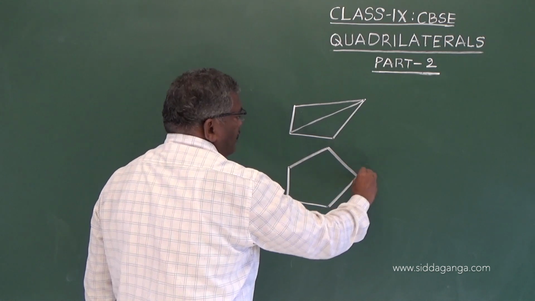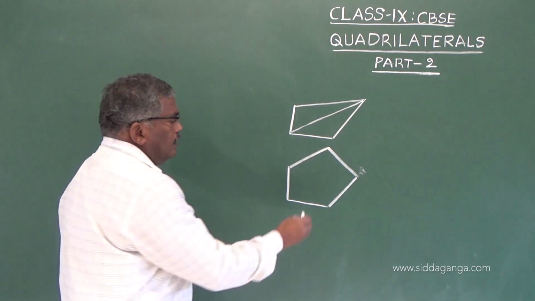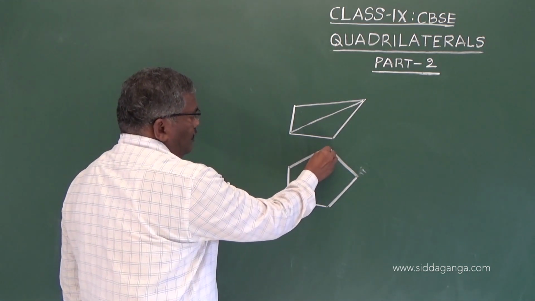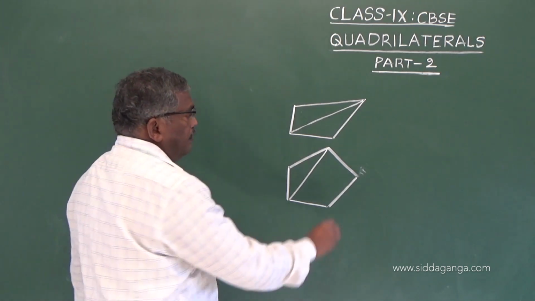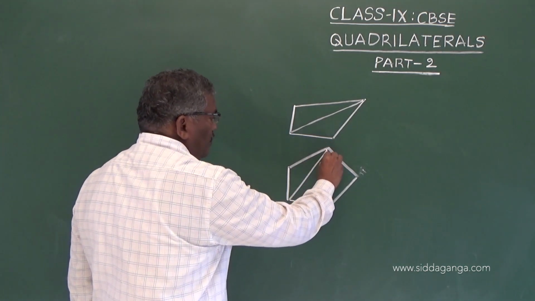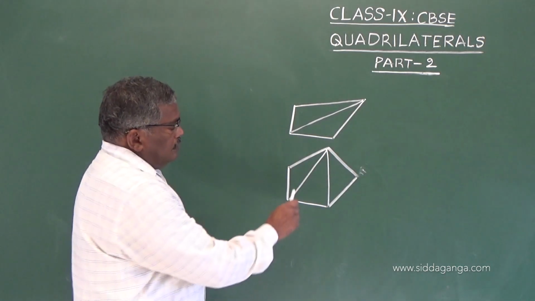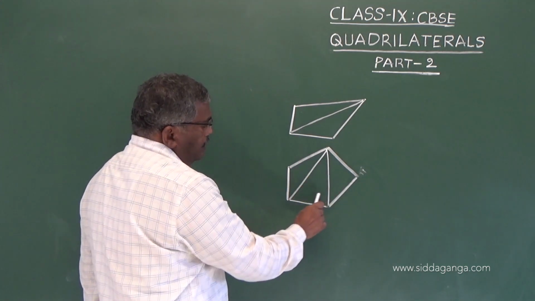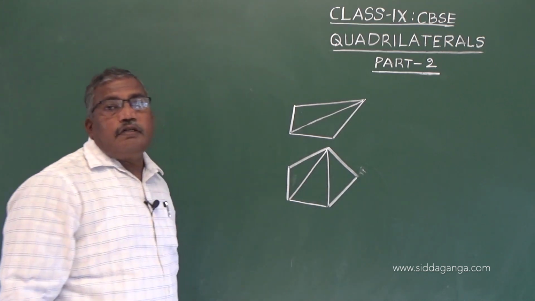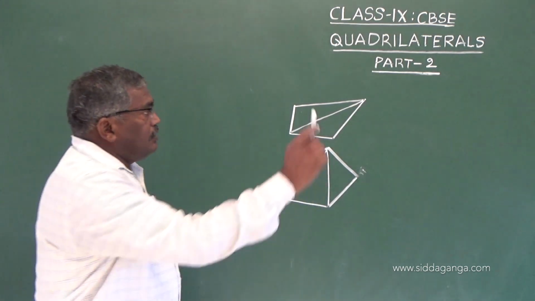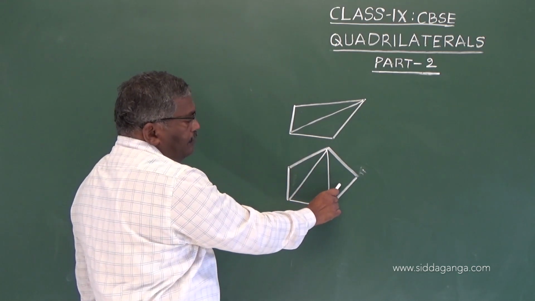Observe carefully what happens. This is a pentagon. I can draw one diagonal here, and from this point I can draw another diagonal here. Now the interior region is divided into three triangles.